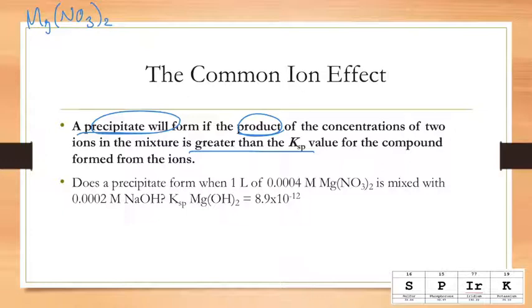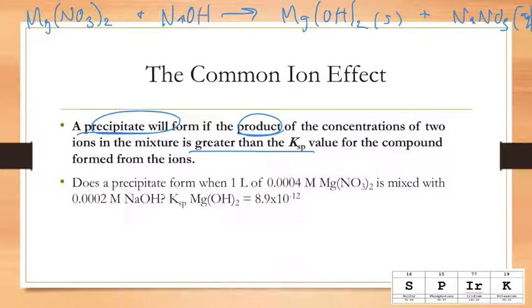So what we're looking at is we're adding together Mg(NO3)2 plus NaOH. This reaction is going to look like Mg(OH)2, and we know from our solubility rules that this should be a solid, plus NaNO3, which is going to be aqueous.